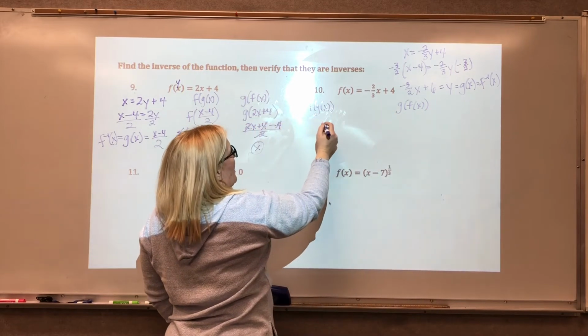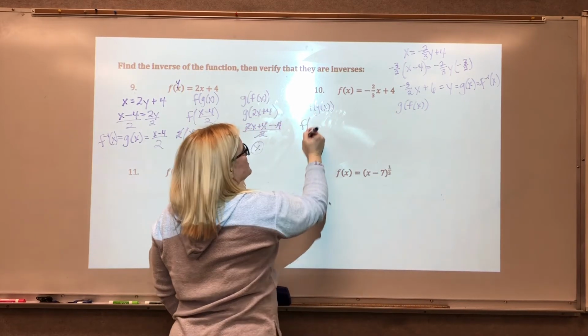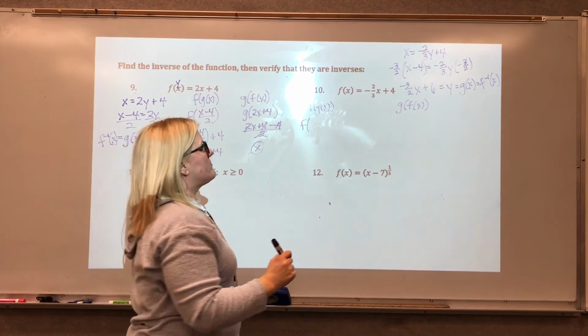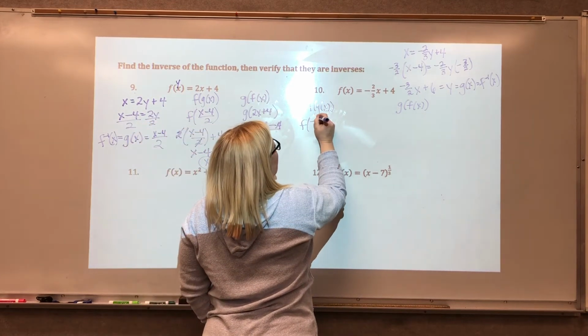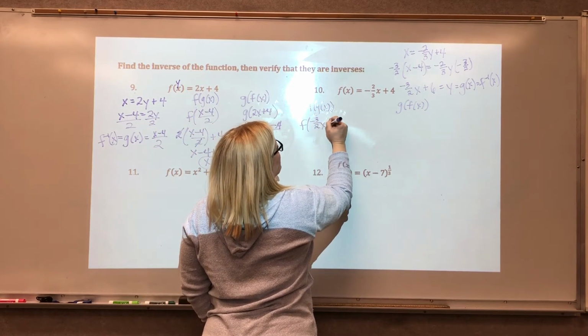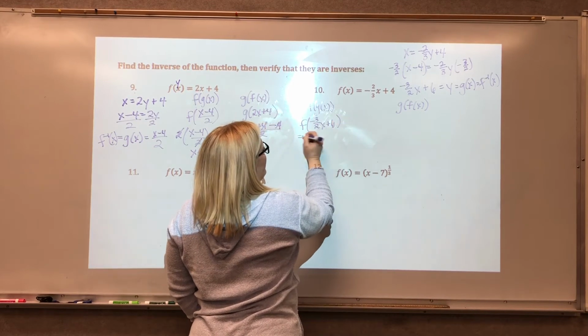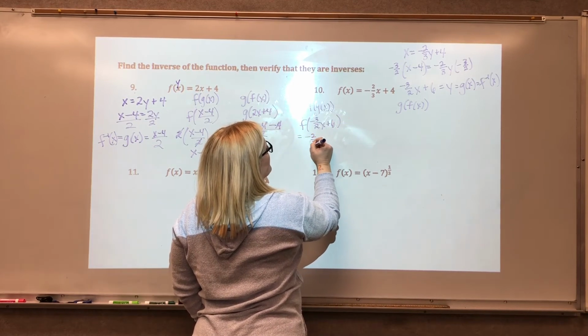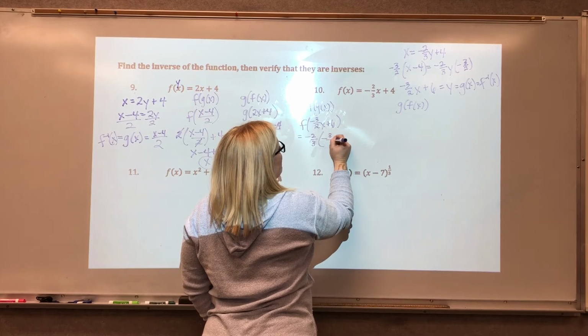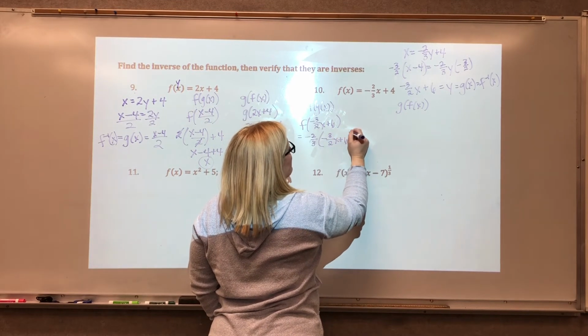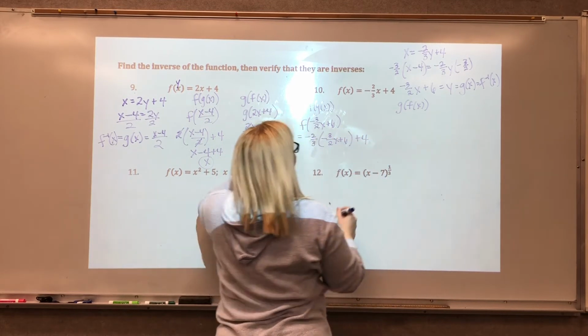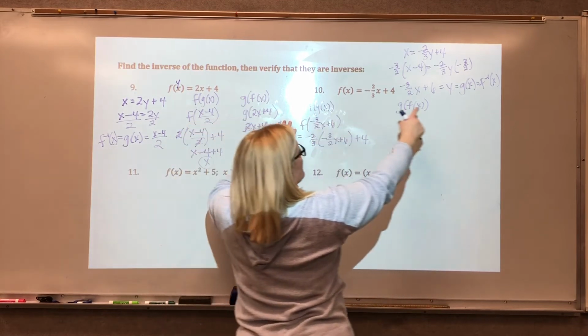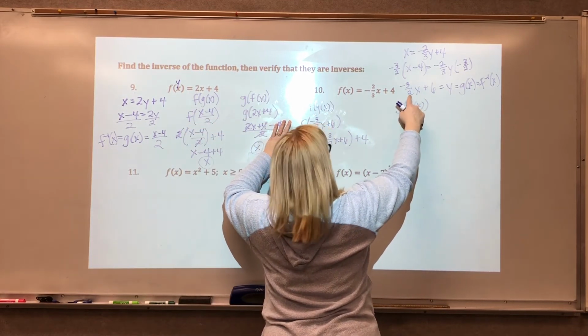All right, f of g of x, these get a little tricky, I know, is going to be f of negative 3/2 x plus 6. And that is negative 2/3 times negative 3/2 x plus 6 plus 4. So hopefully you see, g of x is this right here. So I put that in.